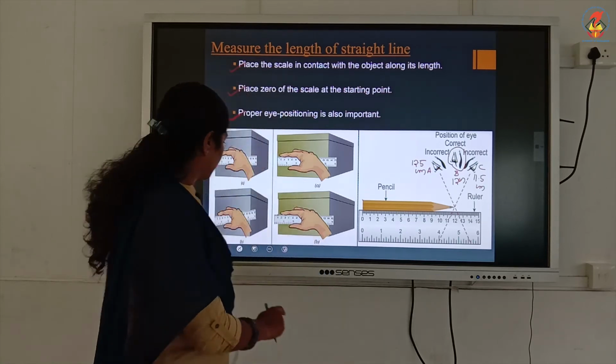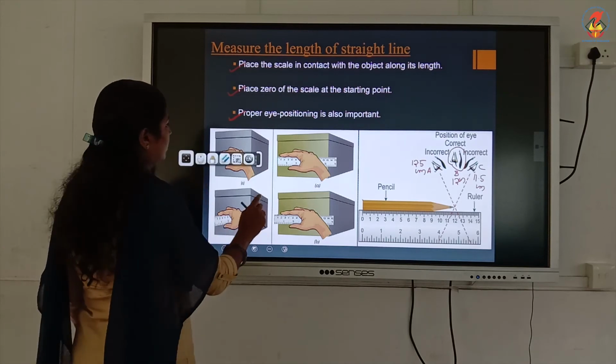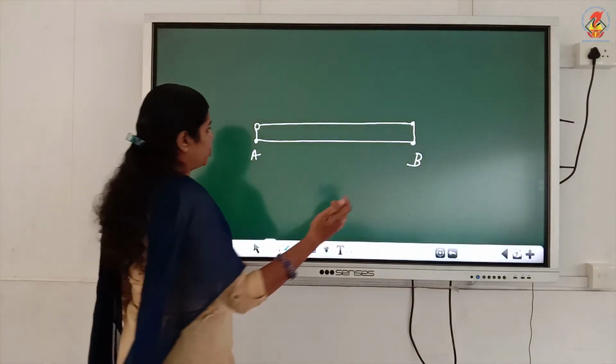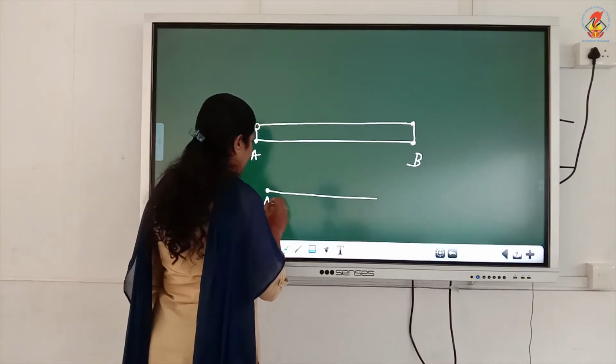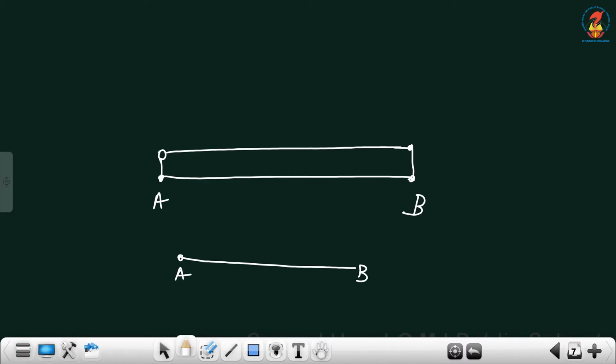Means, suppose here this length is to be measured, A, B. For your length 0 portion is not there. So, next full mark is from 2.